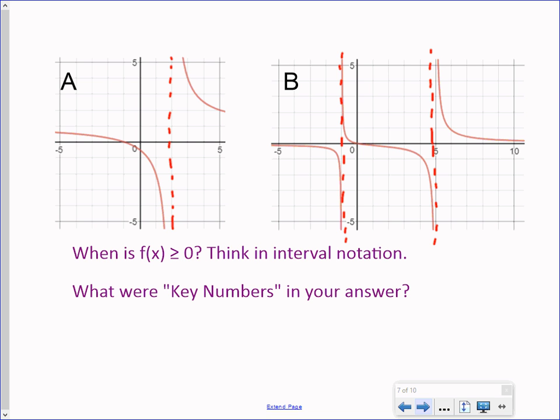Negative 1. There are, but it doesn't matter.